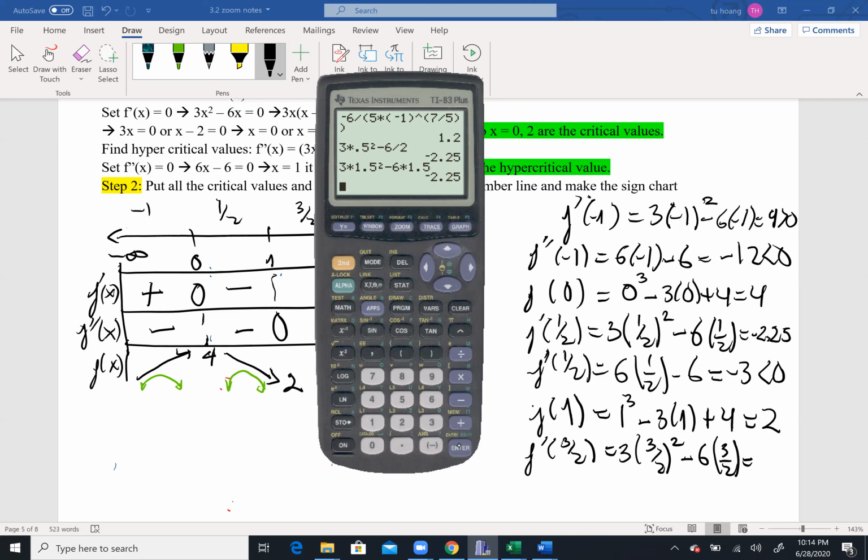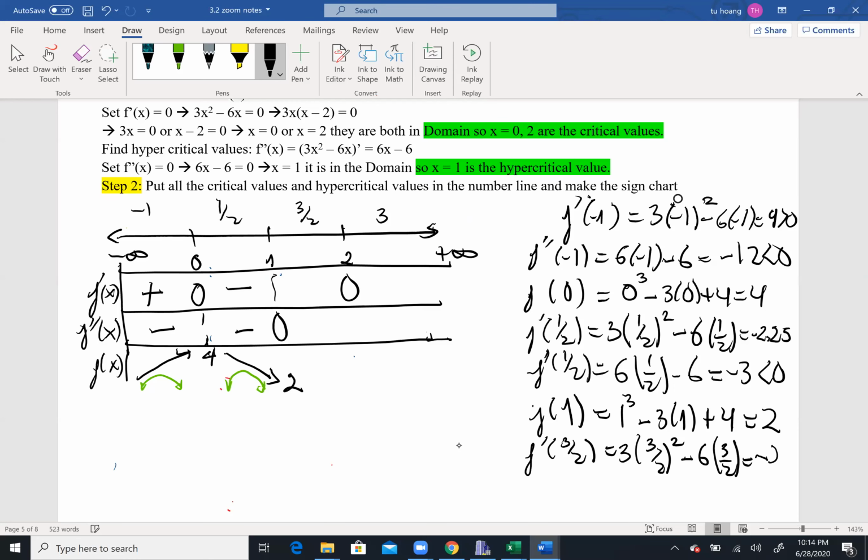That will give me negative 2.25 again, so I'll have another negative here.